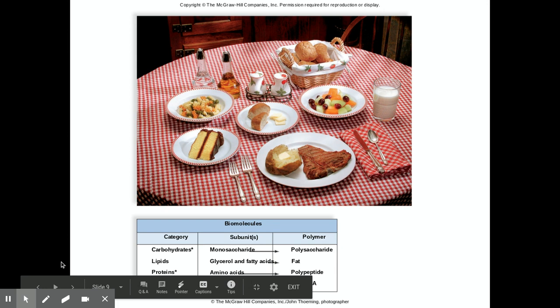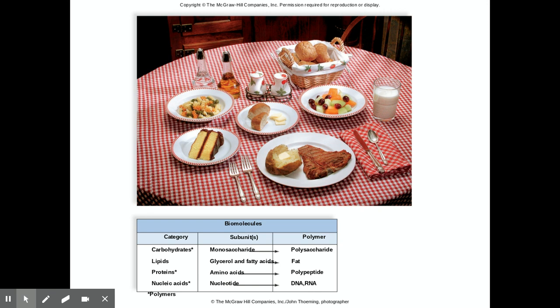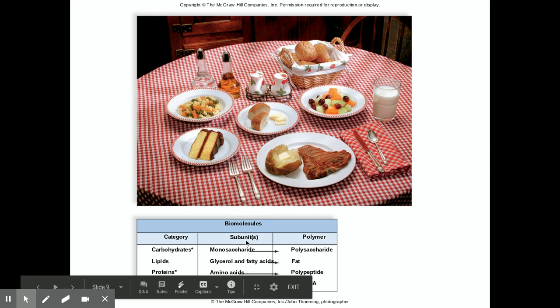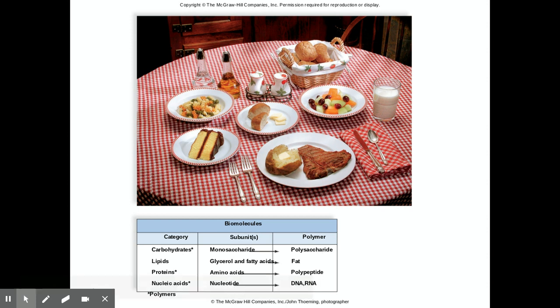So this picture just summarizes the biomolecules, and you've got carbohydrates, lipids, proteins, nucleic acids. Those are the four biomolecules. This has subunits. That would be the monomer. So that's the single little building block or Lego piece, and you put it together, you get the full polymer, a very large molecule.